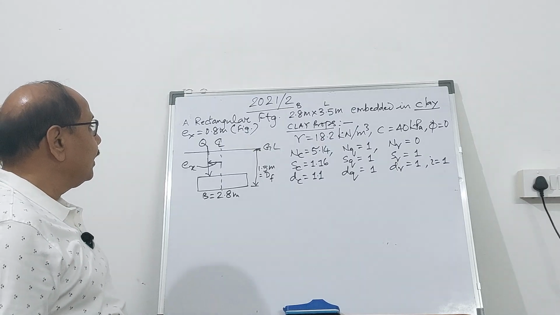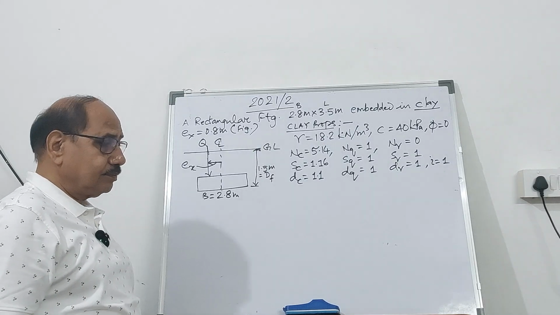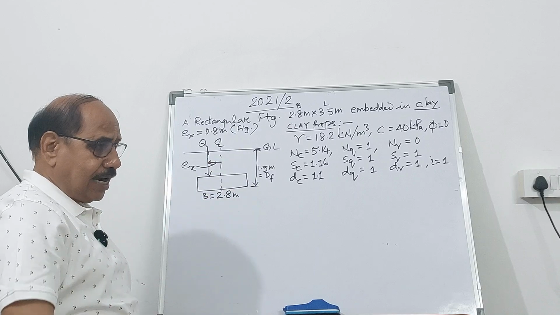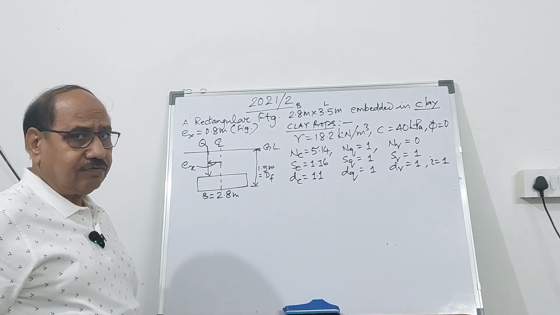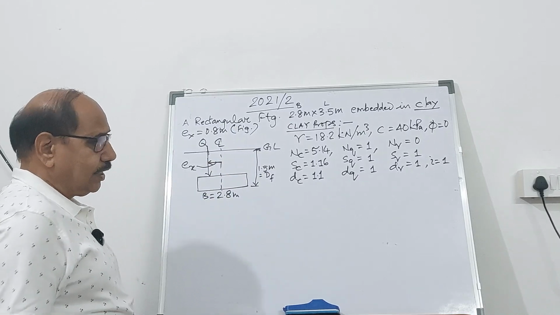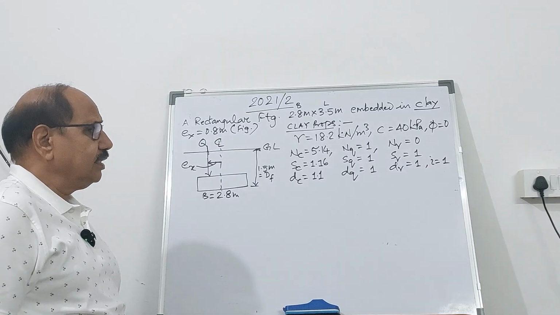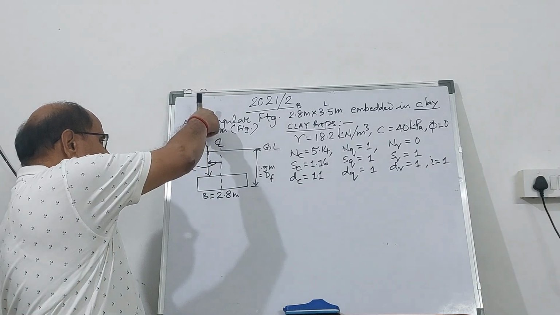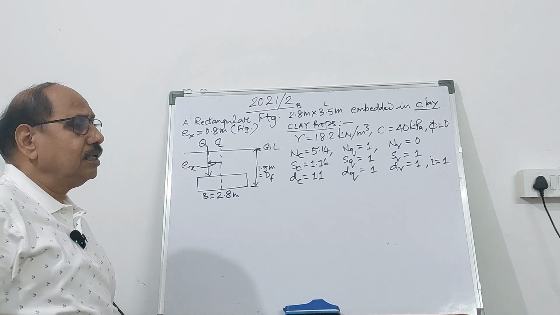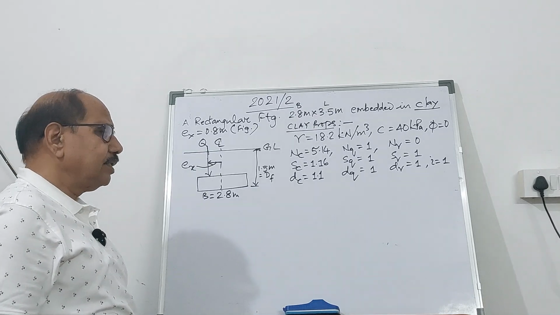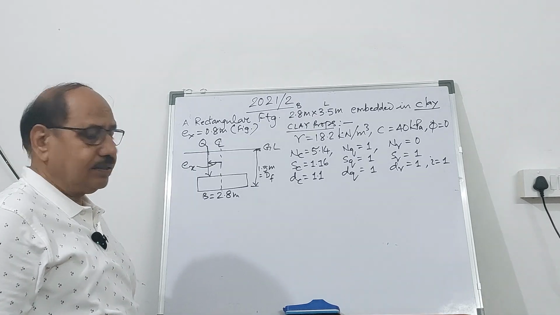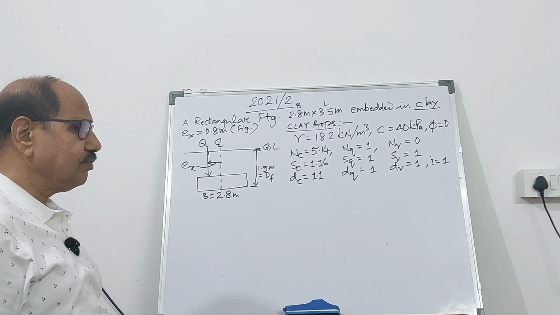Naturally, it has to be 1. Only when the load is inclined, based on the alpha value, the code says how you can calculate the inclination factor. Because the load is acting in the vertical direction, it has to be 1, and it is given that inclination factor is 1.